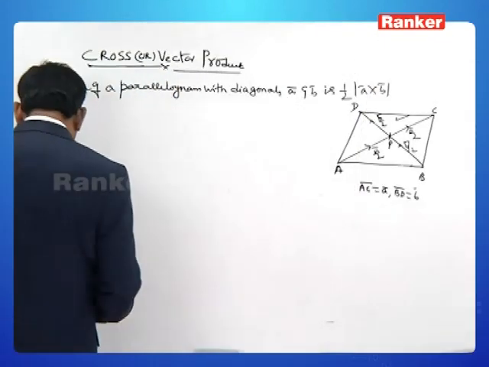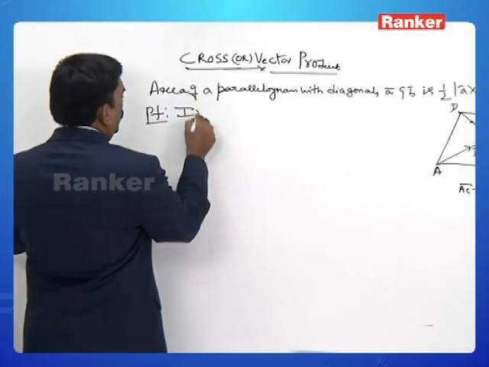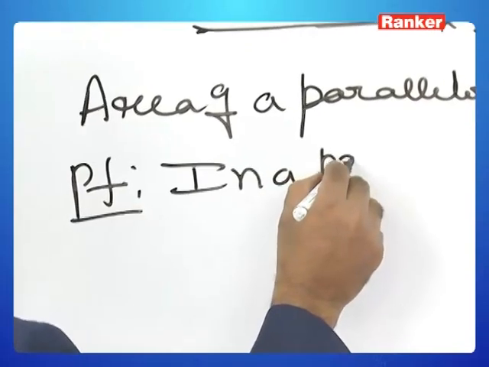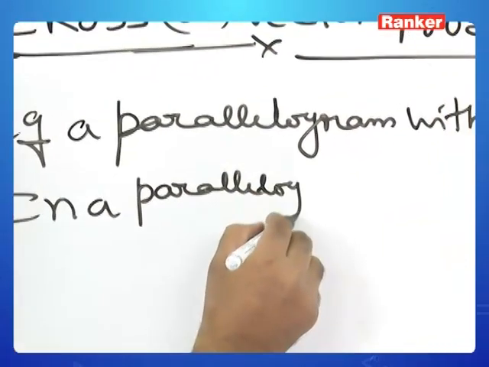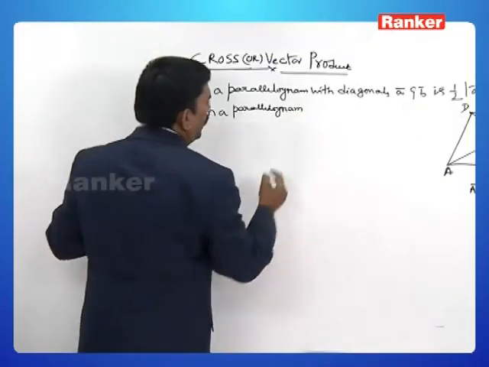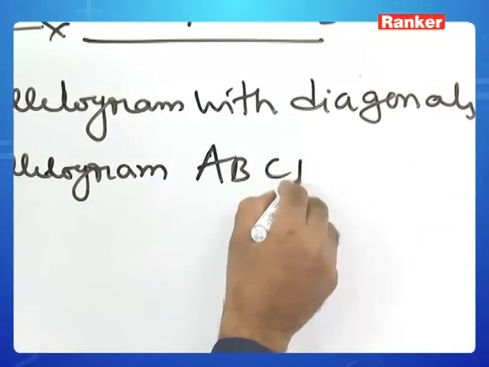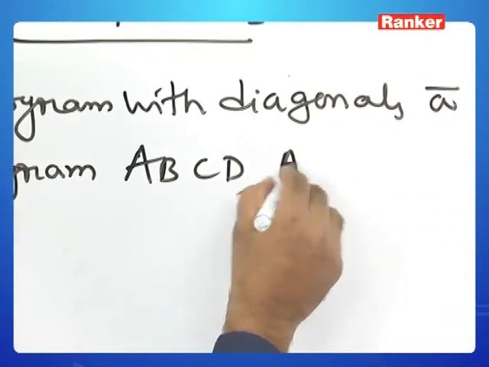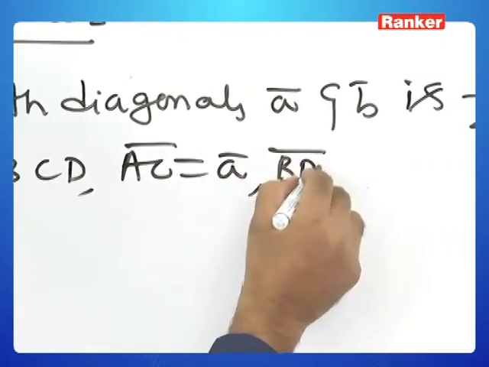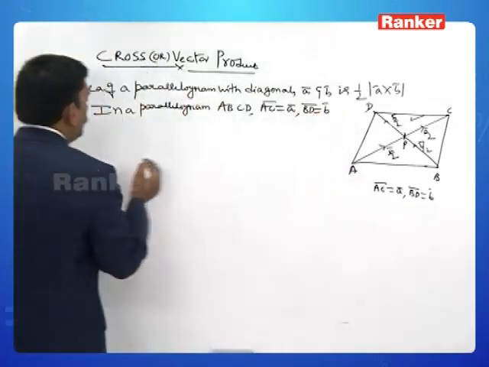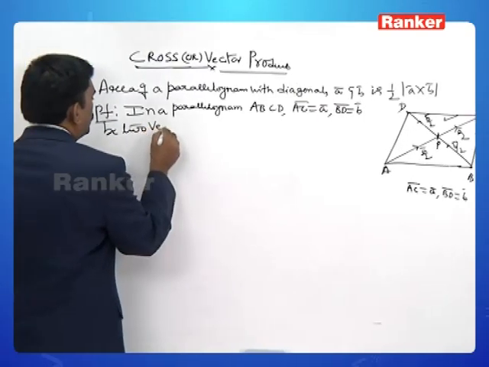The proof of this is, in a parallelogram ABCD, AC bar is equal to A bar, BD bar is equal to B bar, be two vectors.